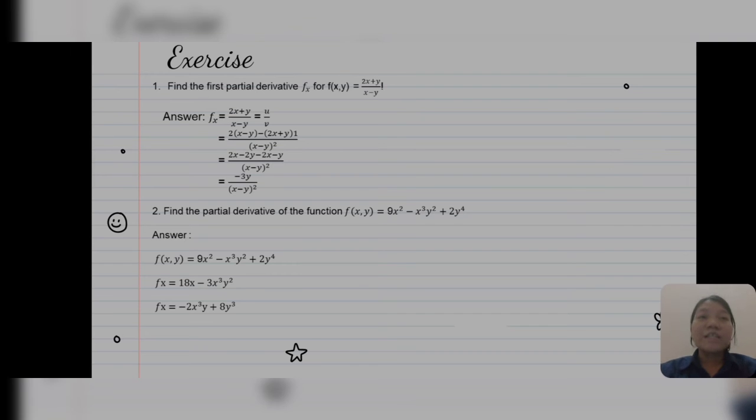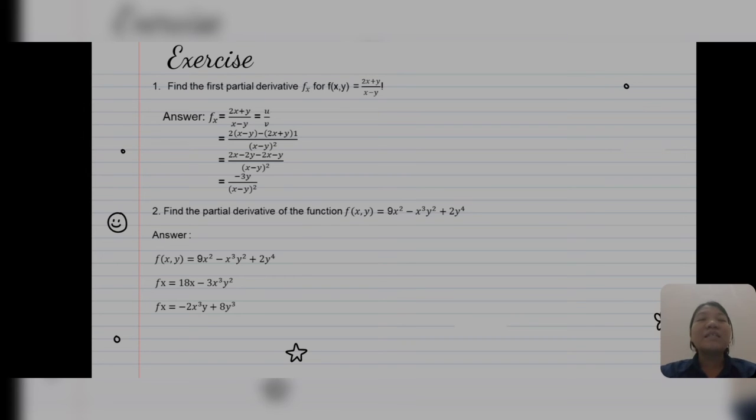The first exercise of first partial derivative. Find the first partial derivative fx for f(x, y) equals (2x plus y) per (x minus y).